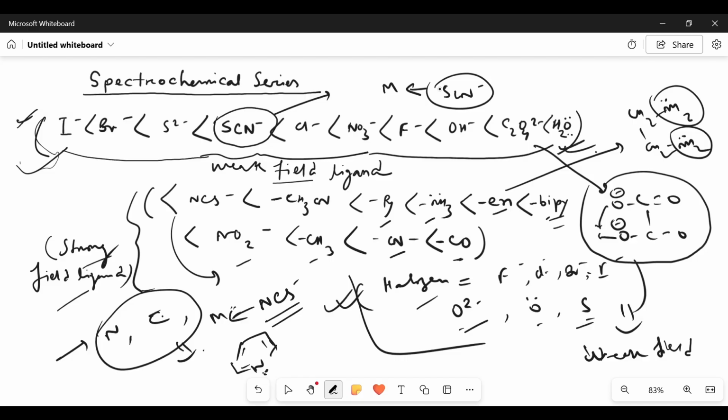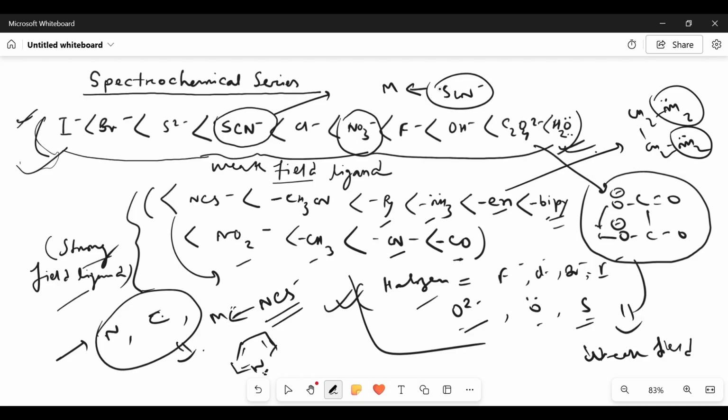In bipyridine also, nitrogen atom. Nitrite and nitrate. In case of nitrate, we have seen it is weak field because the donor atom is oxygen, and in case of nitrite, the donor atom is nitrogen. So a metal nitrogen bond is here, and a metal oxygen bond is there.